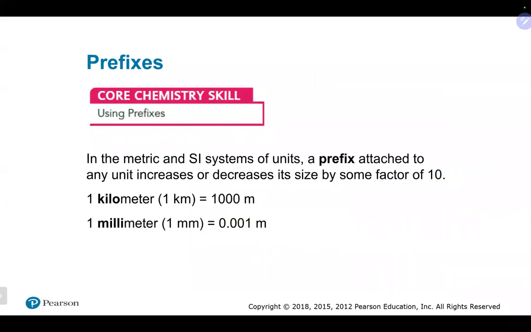Here are a couple of metric equalities. 1 kilometer is 1,000 meters. 1 millimeter is 0.001 meters. Any equality that you come across, you can write conversion factors for to use in calculations, and conversion factors are really nothing more than fractions.